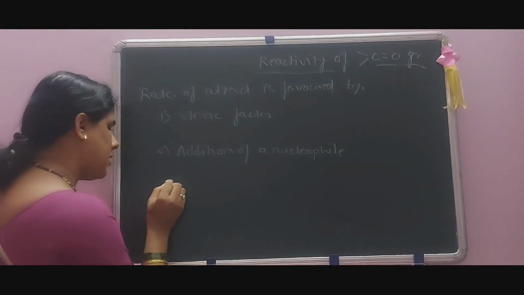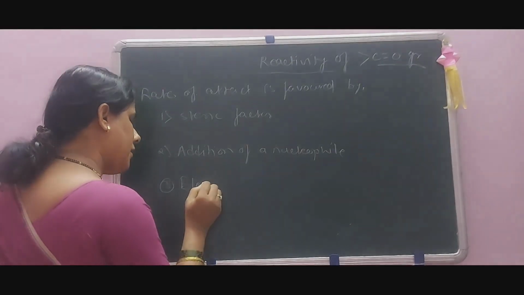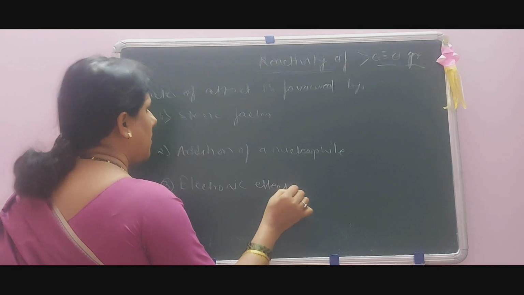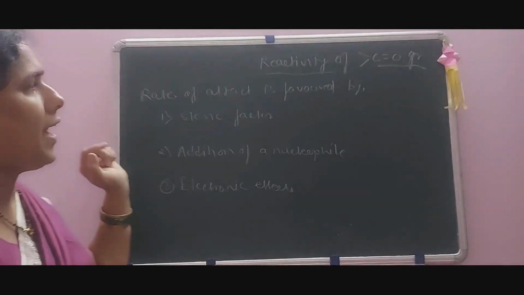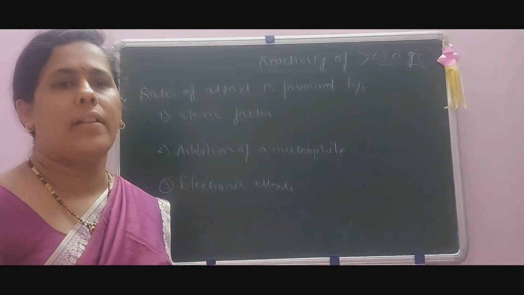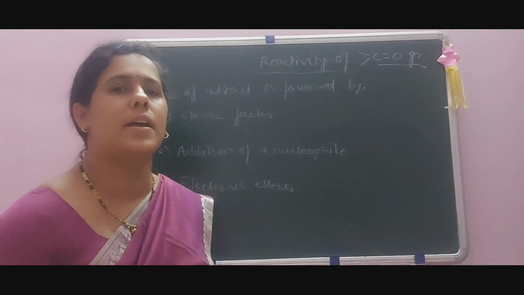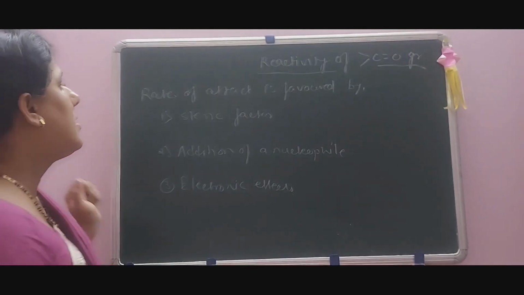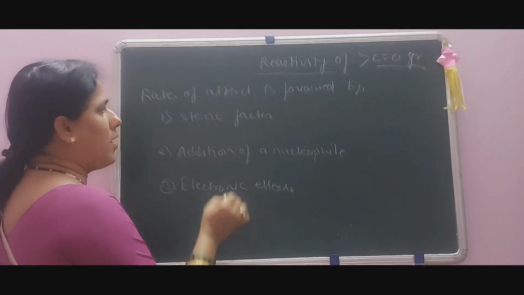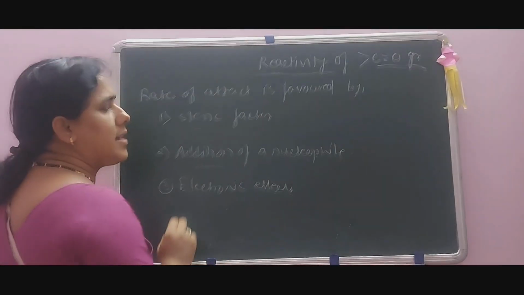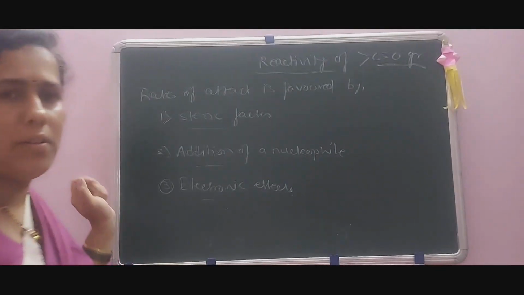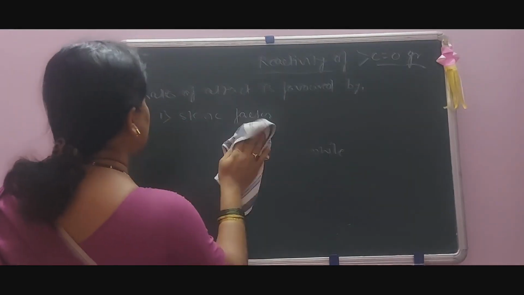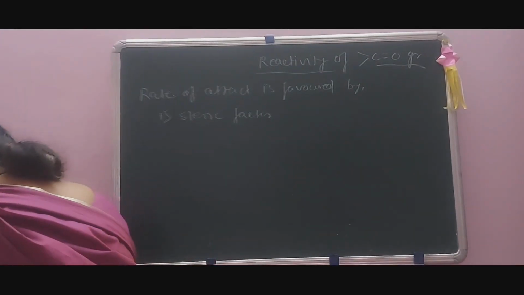And third is the electronic effect. Whether the rate of attack of a nucleophile is fast or slow, increased or decreased, can be studied with the help of these three points: steric factors, addition of a nucleophile, and electronic effects.